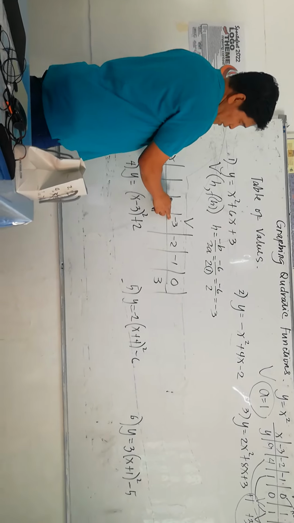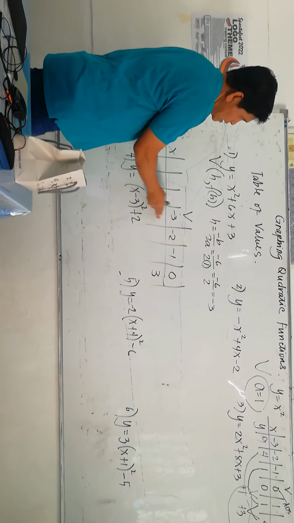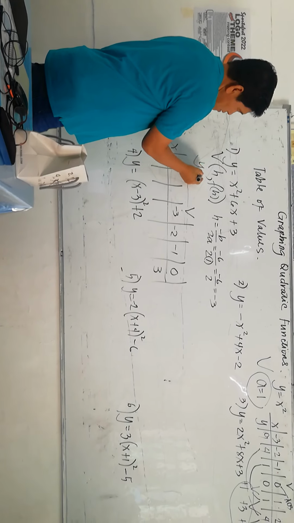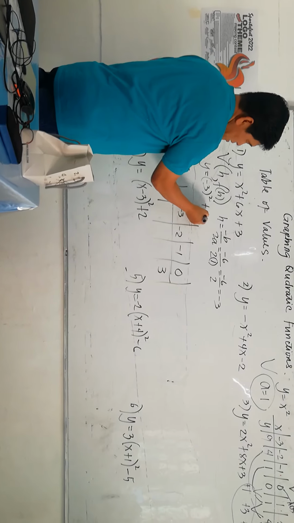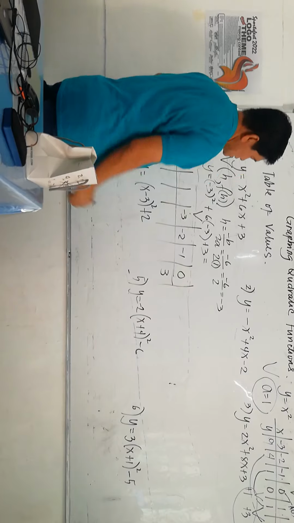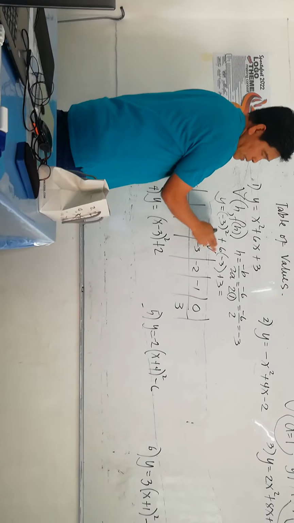Now, we know that your axis of symmetry is negative 3. If we plug in negative 3 to our equation, y equal to negative 3 squared plus 6 times negative 3 plus 3, that is now equal to 9 minus 18 plus 3.